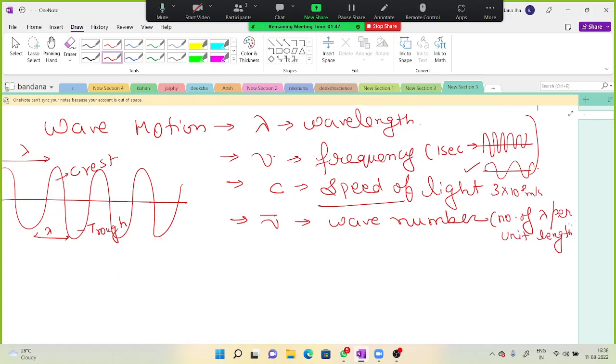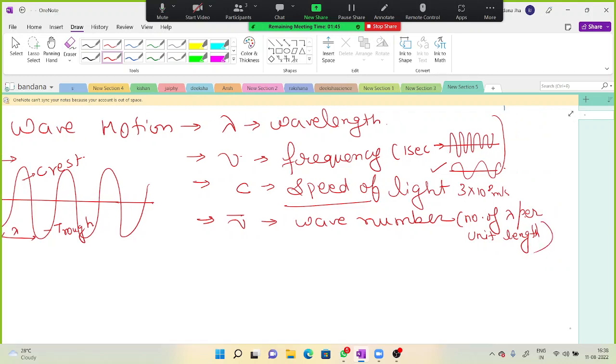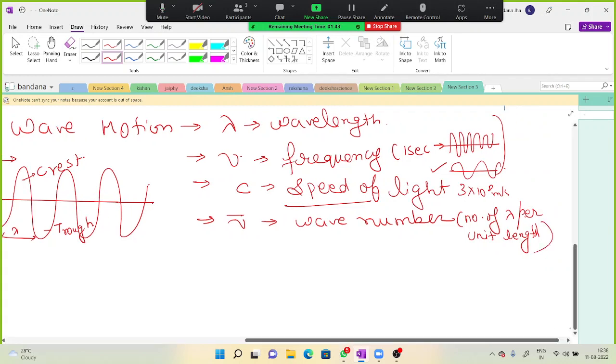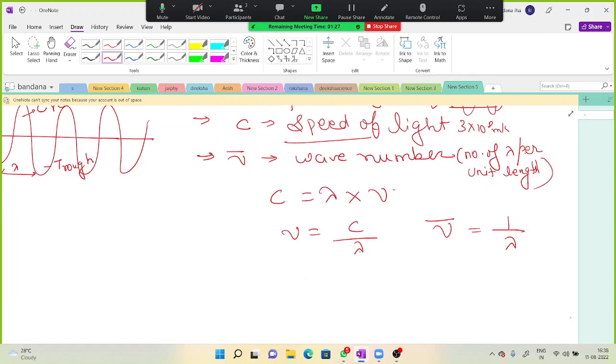So the formulas are: c is equal to lambda into mu, mu is equal to c upon lambda, and mu bar, that is the wave number, is equal to 1 upon lambda.